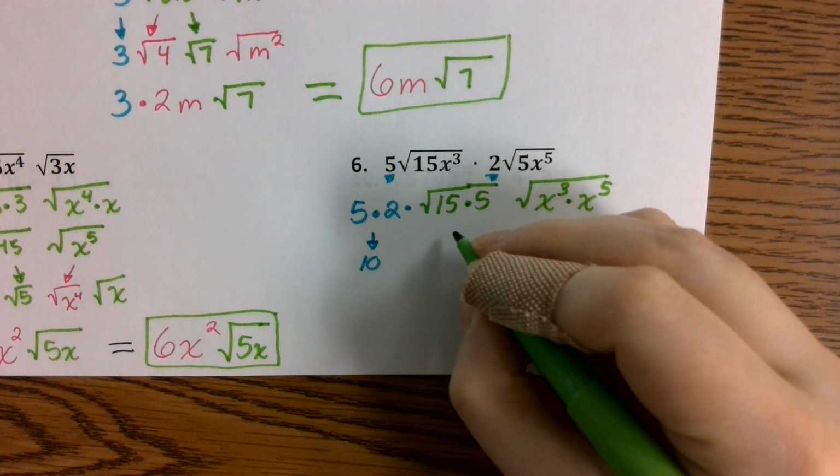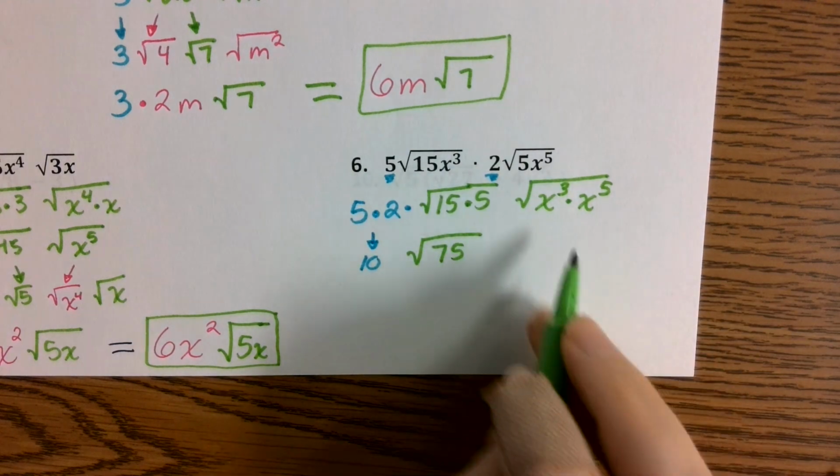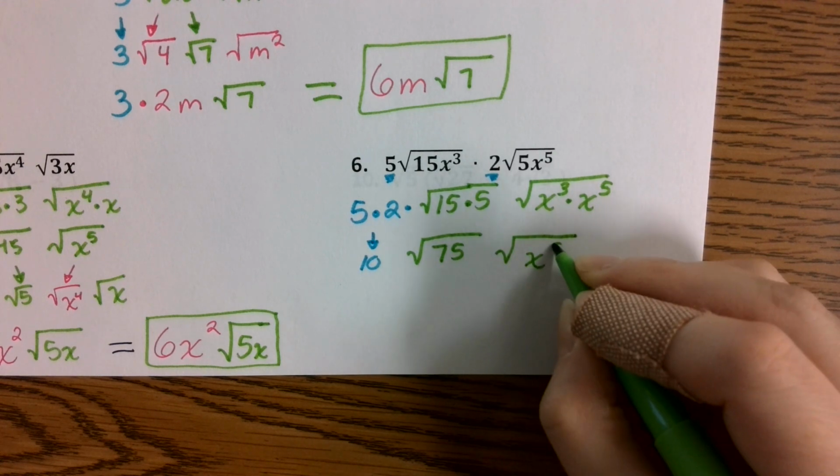Square root of 15 times 5 gives us square root of 75. Square root of x to the 3rd times x to the 5th gives us x to the 8th.